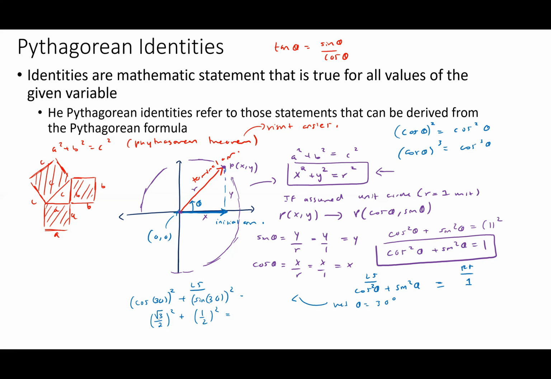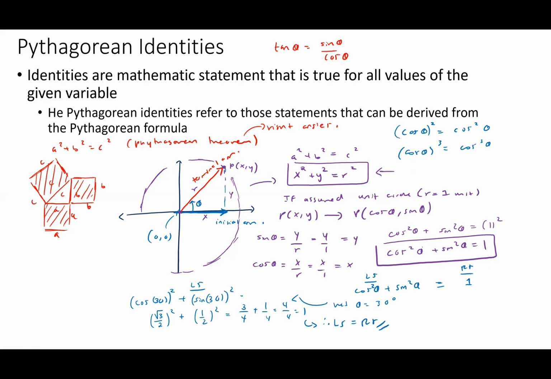Square root 3 over 2 squared is 3 over 4, plus 1/2 squared is 1 over 4, which is 4 over 4. You can notice that's equal to 1. And what we'd say here is, therefore, the left side is equal to the right side. Doesn't matter what angle you plug into this equation, it will always be true. And that's what an identity is. Okay, so this is one of our most primary identities, guys.